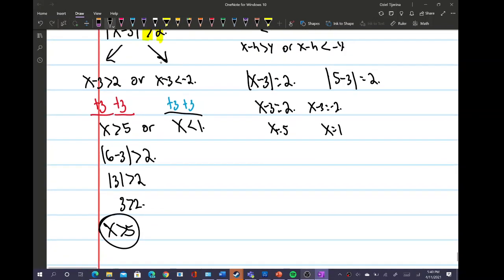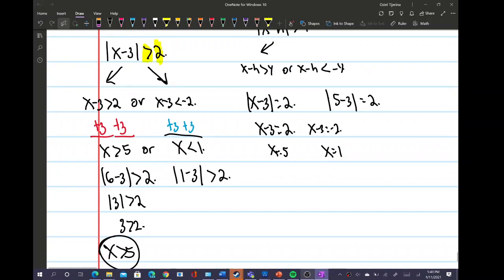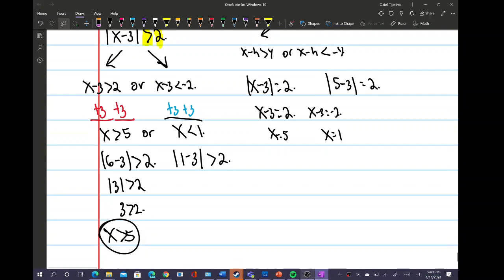And then you do the absolute value of 1 minus 3 is greater than 2. Or, excuse me, it would be x is less than 1. So let's say we plug in a number less than 1.